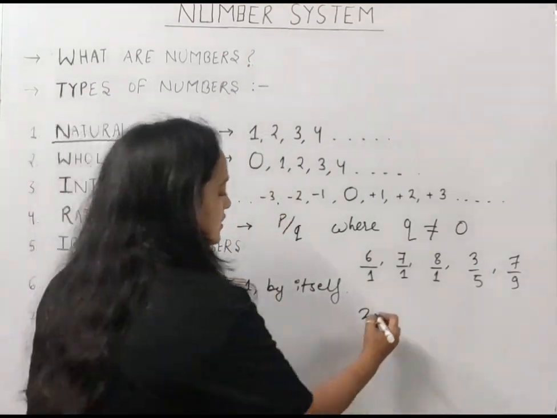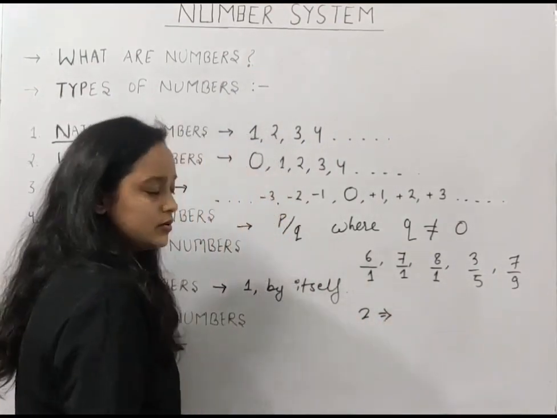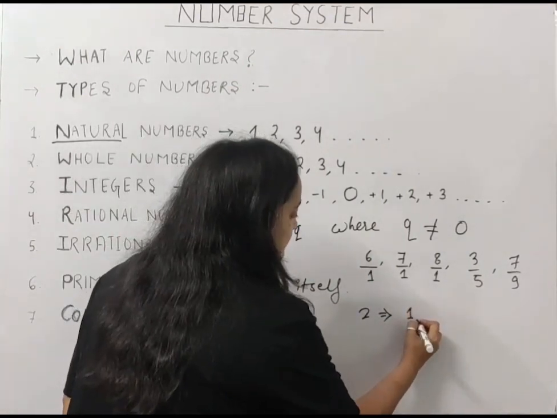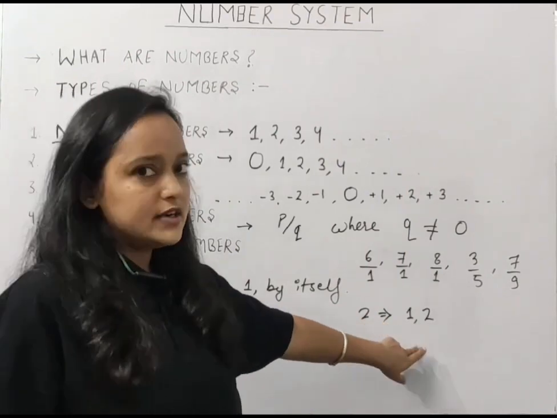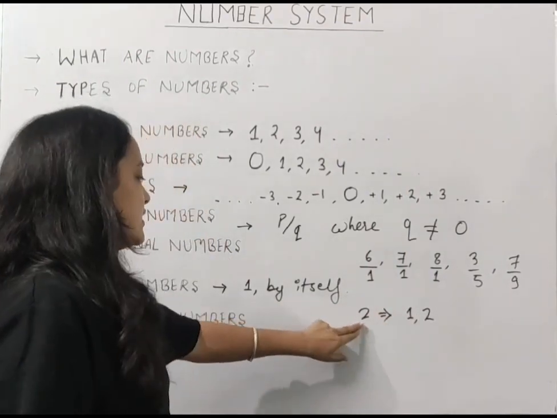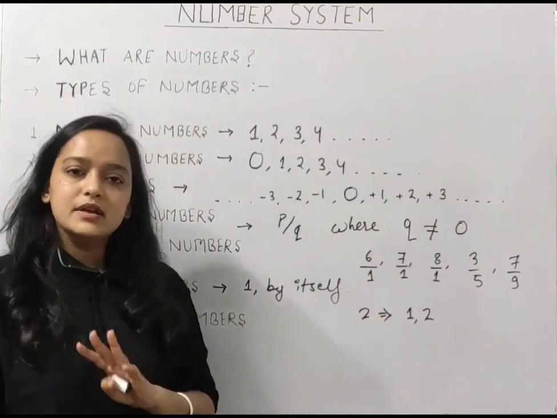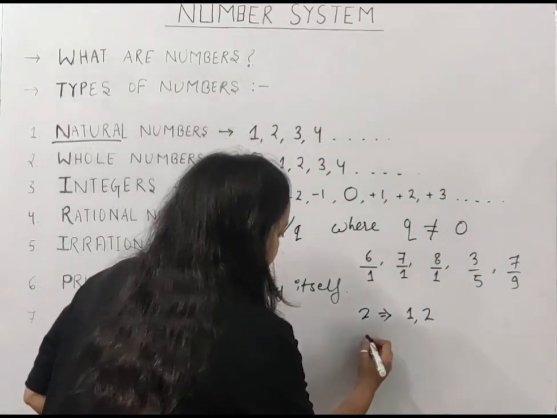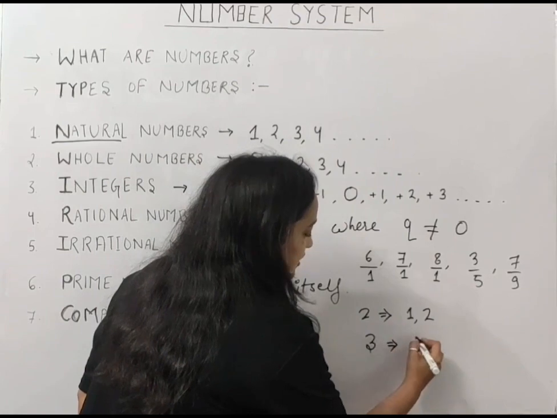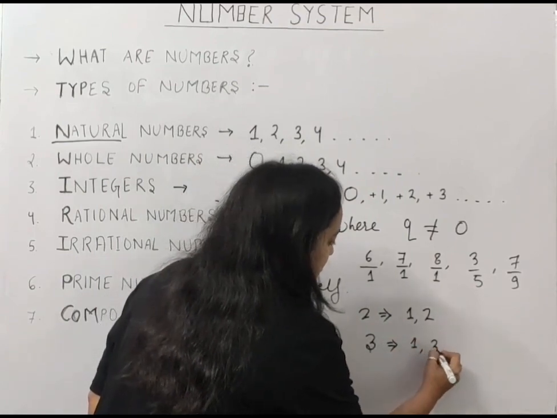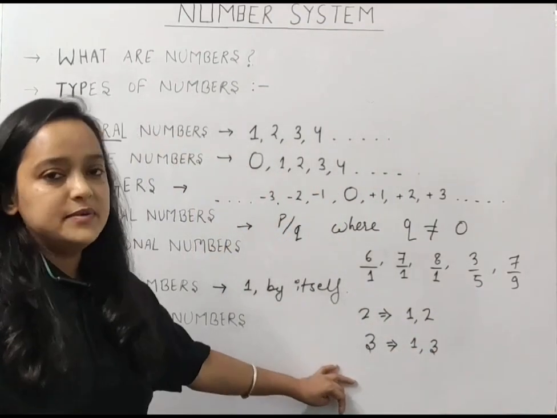How many factors does 2 have? Two factors, that is 1 and 2. So we can say that 2 is a prime number. Right. Now take 3. 3 also has two factors, 1 and 3. So 3 is also a prime number.